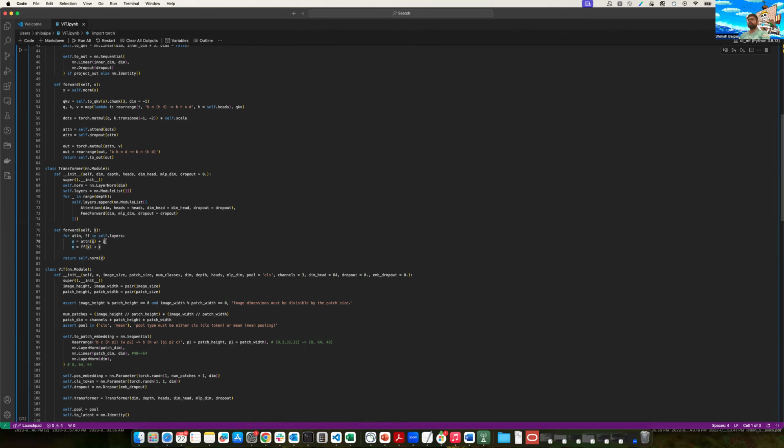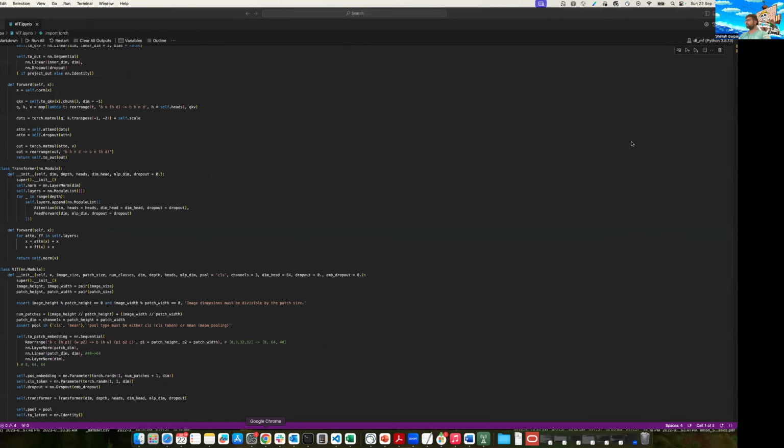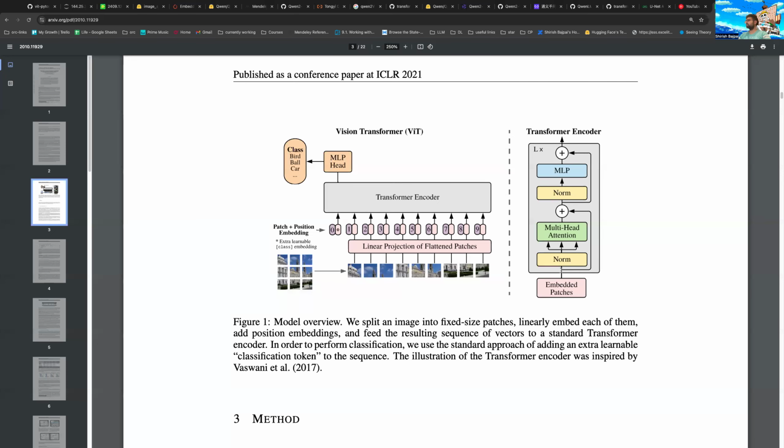And you see that X is added, basically previous information is added: after embedding, then in the encoder, this embedding vector is added to the attention output, then this attention output is added to the output of the MLP.